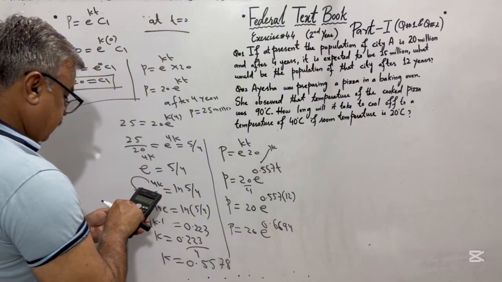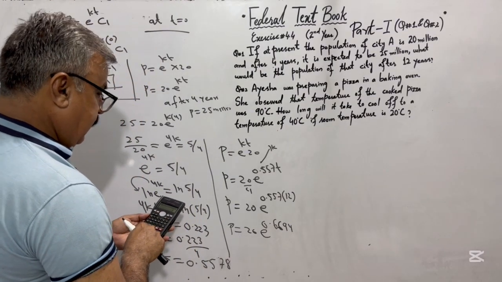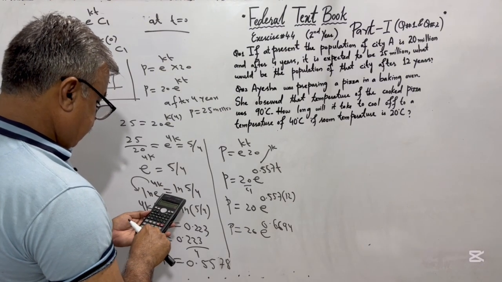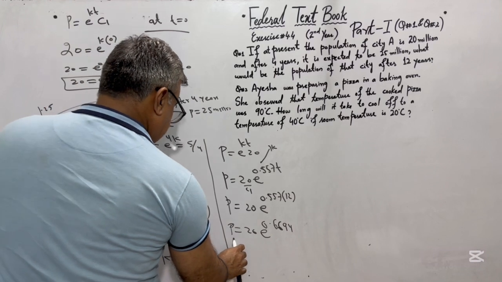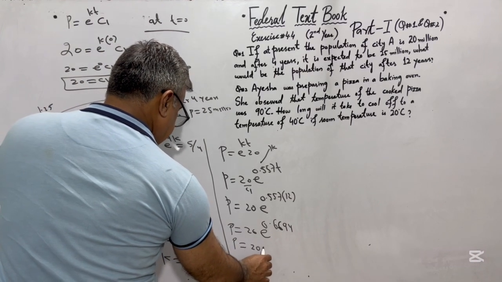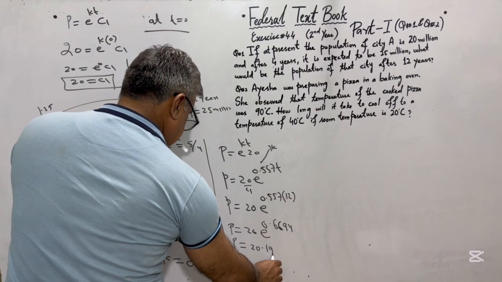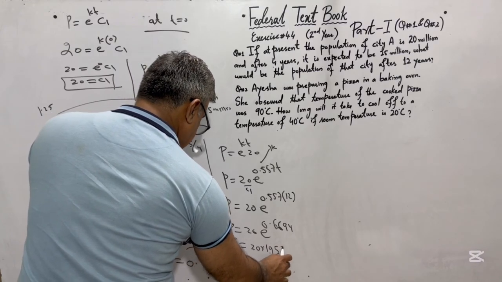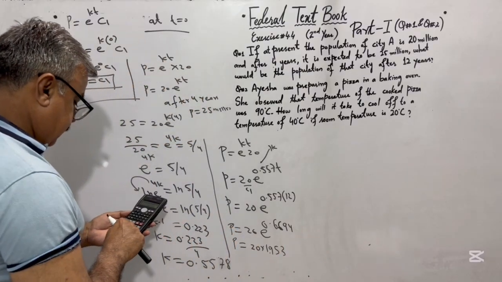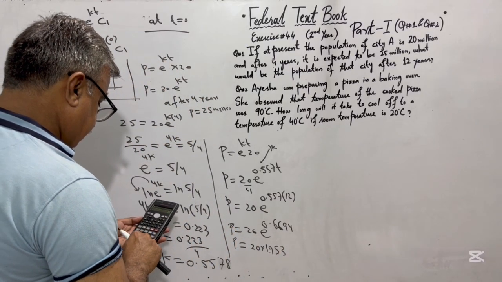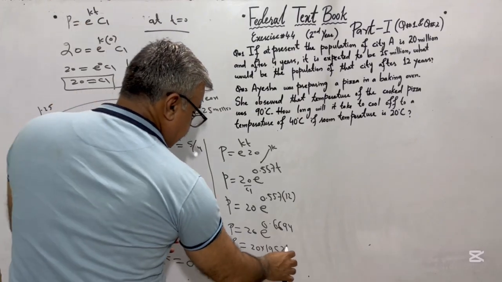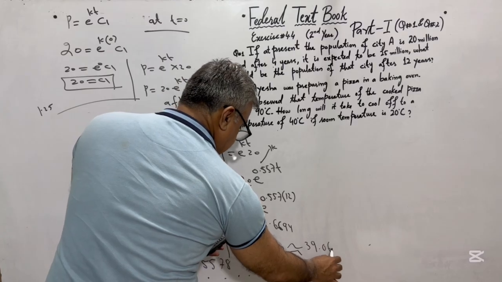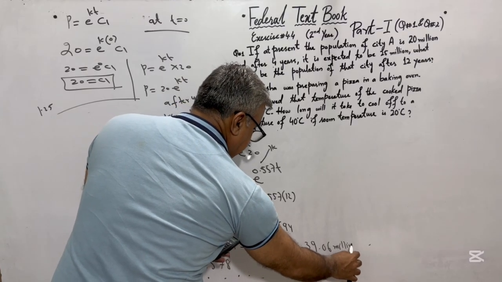Let me calculate this: e raised to 0.6694 is 1.953. So P is 20 times 1.953, just multiply by 20. So our population is approximately 39.06 million.